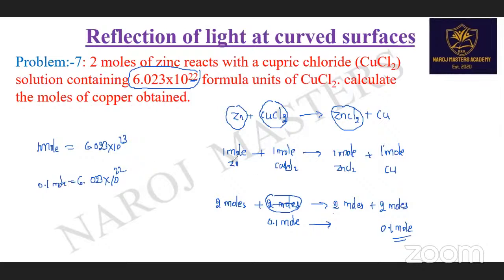So from this reaction, 1 mole of zinc gives 1 mole of copper, or 1 mole of cupric chloride gives 1 mole of copper. And then 0.1 mole of cupric chloride gives how much copper? 0.1 mole only. So the answer is 0.1 mole of copper is obtained from this reaction. Okay?